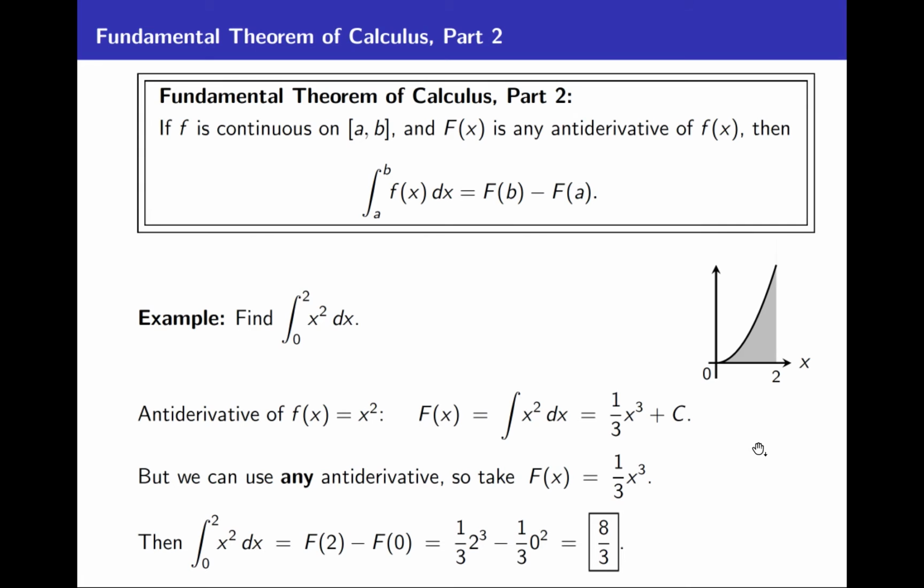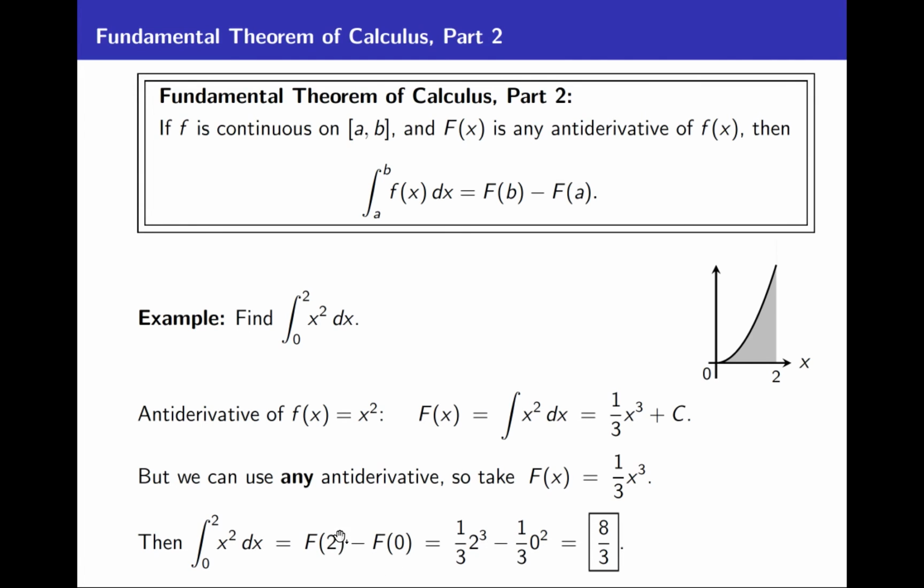Now, before we move on, another quick word about this. Big F of x could be any antiderivative. And here, to make things simple, we therefore took c equals 0. But I want to point out that you could actually, if you wanted to, put in any value for c, like, I don't know, c equals 5. Well, what would happen in F of 2 minus F of 0 here?